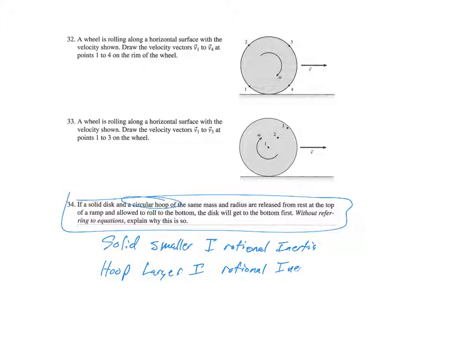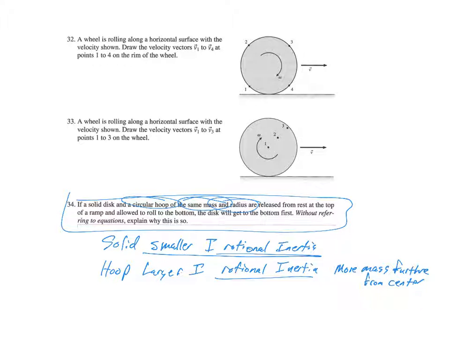Why? Because same mass, same radius. That was the big deal here. It has a larger rotational inertia. Why? Because more mass is further from center. So if you have a small rotational inertia and the same force, which I'm on a ramp or something like that, right?